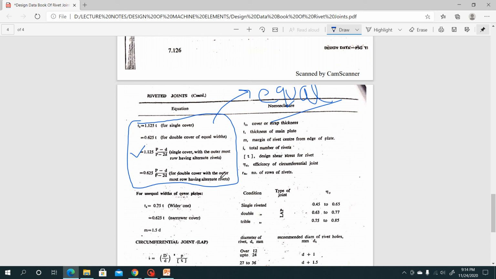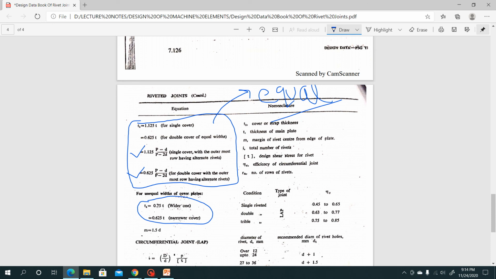And for a double cover plate, when the outermost row is having alternate rivets, the thickness of the butt strap is given by this expression, where P and D are the pitch and diameter of the rivet. And for unequal width of cover plate, this is the expression. For the wider one, thickness is 0.75 times T. For the narrower one, thickness is 0.625 times T.